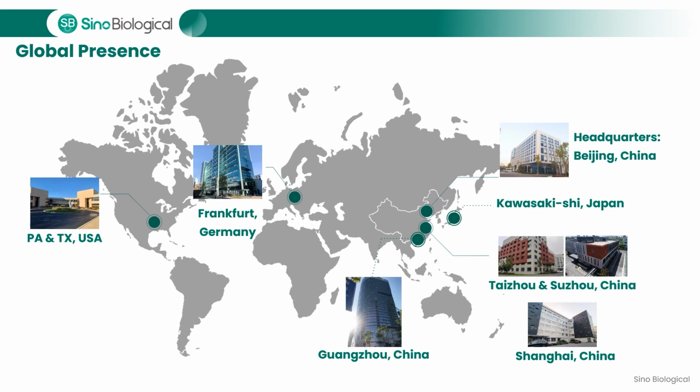These locations enable us to provide efficient and reliable support to our customers worldwide, ensuring proper delivery of our high-quality bioreagents and comprehensive CRO services. With our global network, we are dedicated to facilitating scientific advancements and collaborations across the board.